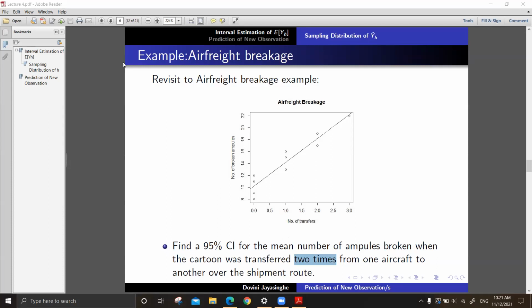So let me give you the information. This is the model that we had. You don't have to compute it once again, it's a waste of time. You already computed all these. I'll give you values. Sample size was 10.